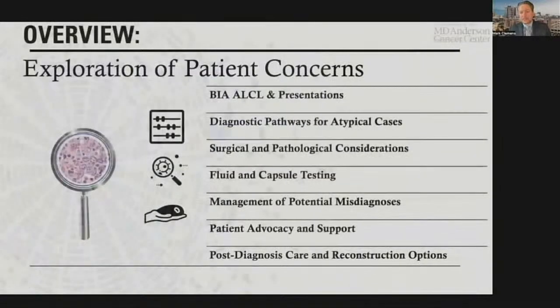Therefore, I'll be going through several main areas: exploring patient concerns, BIA-ALCL and its presentations, both common and uncommon, diagnostic pathways for atypical cases, surgical and pathological considerations, fluid and capsule testing, management of potential misdiagnoses, patient advocacy and support, and finally, post-diagnosis care and reconstructive options. It's a lot to get through, but I'm hoping that I can answer questions on every single one of these throughout the presentation.